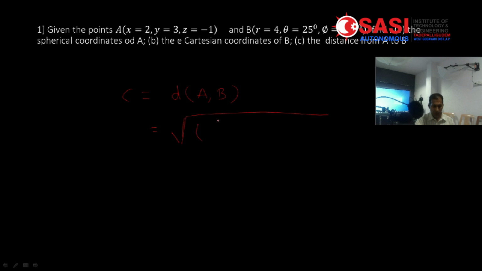So first, for A, x is 2, plus the second coordinate for A is 0.845, so the whole square, plus similarly the second one, 3 minus 1.464, whole square, plus minus 1 minus 3.625, whole square.